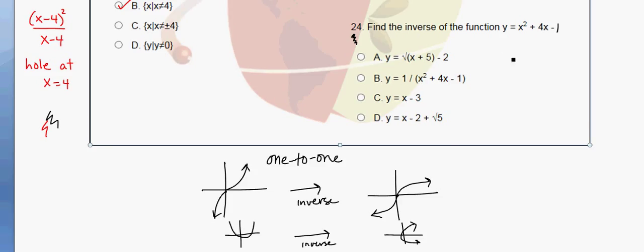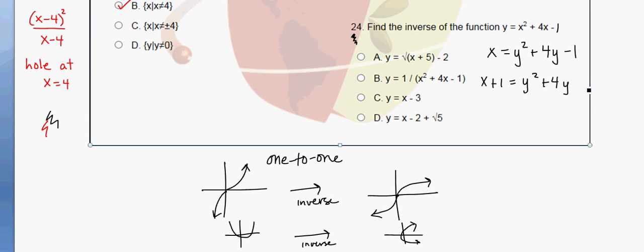So what we're going to do is we are going to solve for x like this, right? I'm going to try to solve for y. So how do I do this? Because of the way it's written, what I have to do is try to complete the square. So I'm going to bring that 1 back over to the other side.